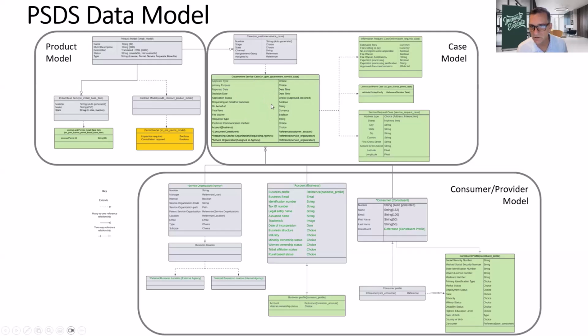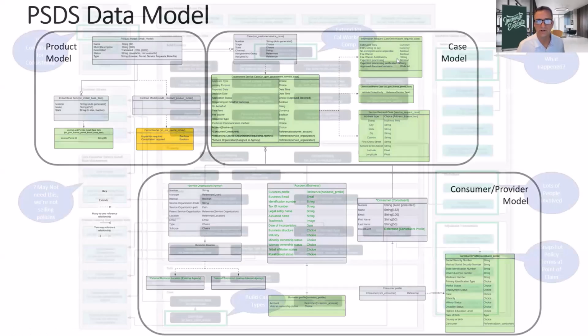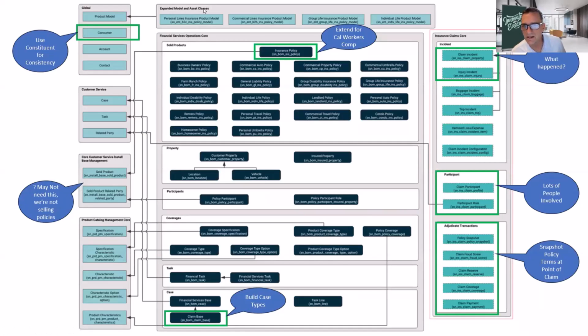In this case, a government service case extends into a license and permit model, or an information request model. Now, if you go into financial and into the claims case, we have a couple of different things that we don't need in government, for example, an insurance policy. What's the policy? And then down at the bottom, what are our case types?